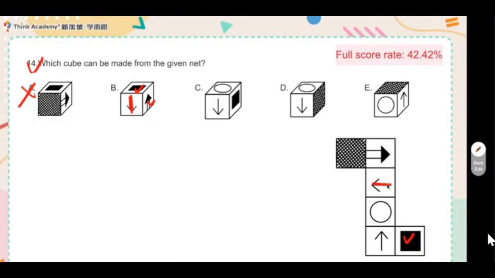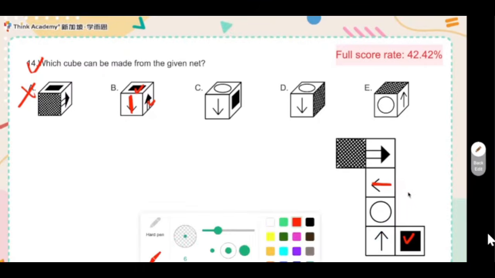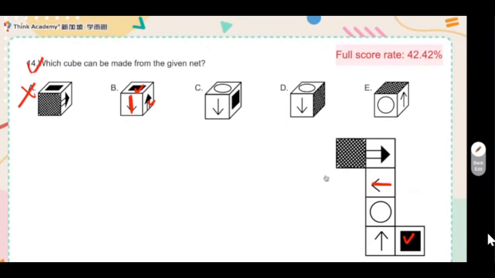So it must be the arrow on the top, because this one is not opposite to the square. Then the next shape is the big arrow, like this. After we fold it, is it possible that it is the same as the net?